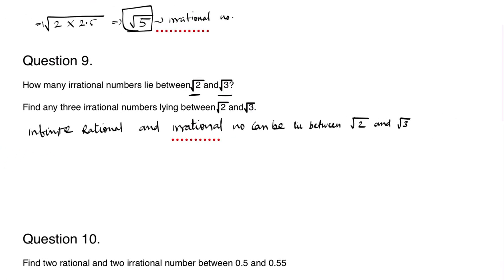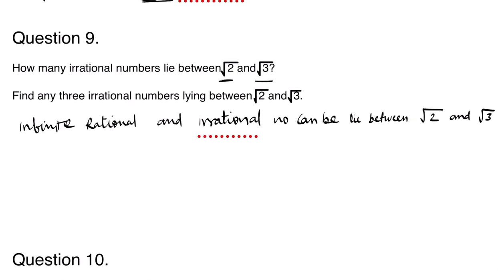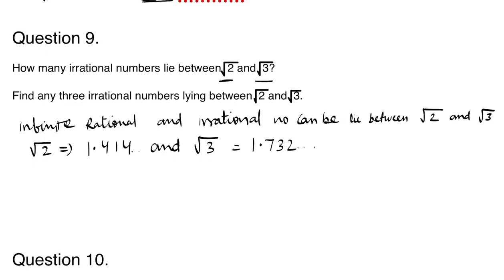Now, find any three irrational numbers between root 2 and root 3. So, we can write root 2 as 1.414 and root 3 as 1.732. Okay. So, the three irrational numbers between root 2 and root 3 may be more than 1.414 and less than 1.732.